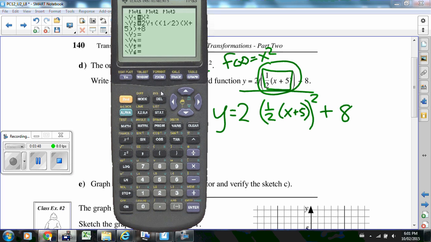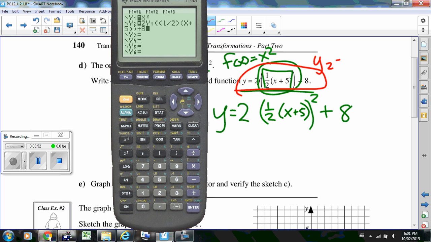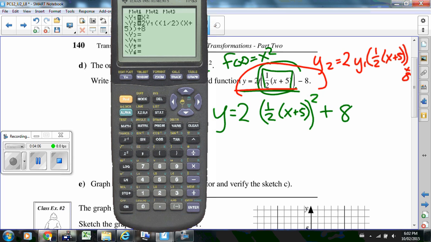So this is the thing that matches this thing, right? Y2 equals 2 Y1 at 1/2 x plus 5. Plus 8. Minus 8. Ha! Good thing I'm paying attention.